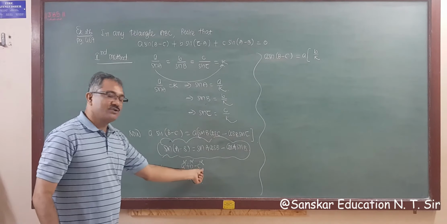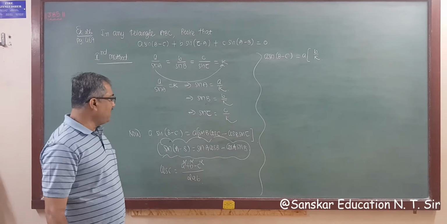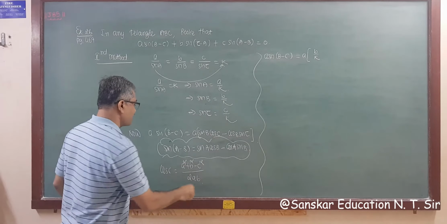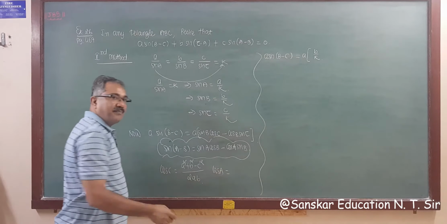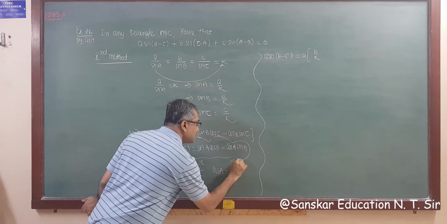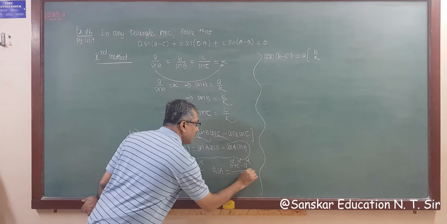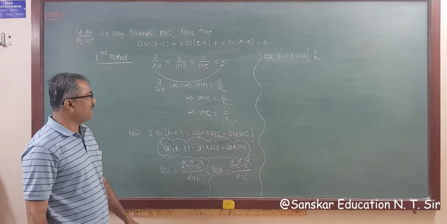You have to subtract C, so C, and the remaining two sides A square plus B square minus C square upon 2AB, and similarly cos A. The formula for cos A, except A, that is B and C, that is B square plus C square minus A square upon twice BC. These two formulas we have to apply.